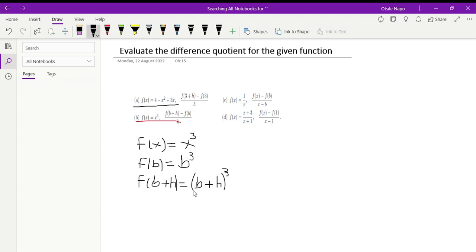So we are having three parentheses multiplied through, so we expand. That's a very important thing.